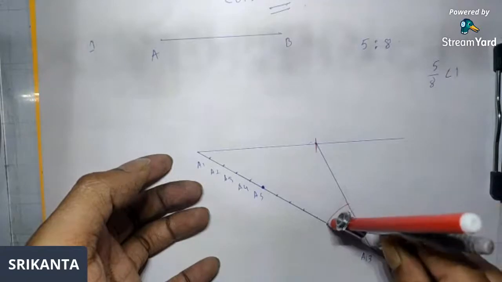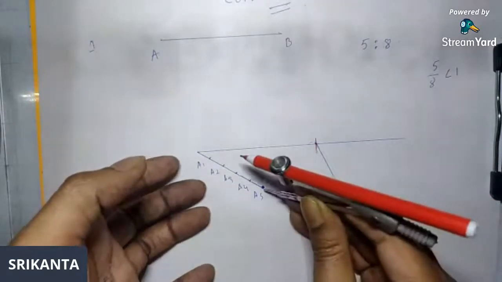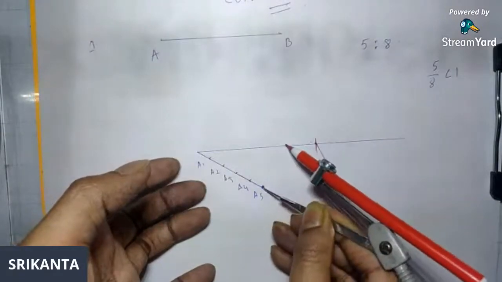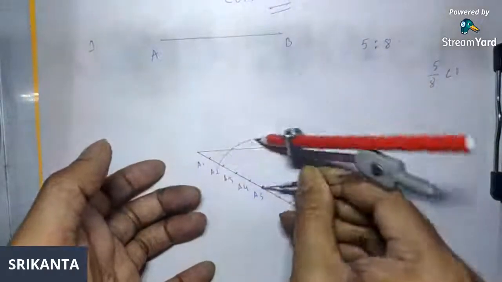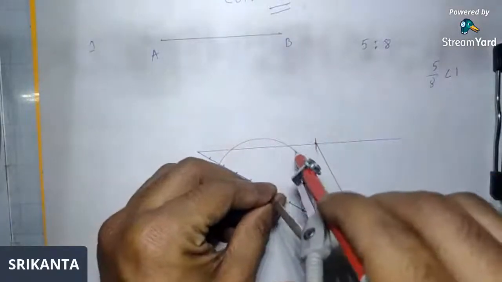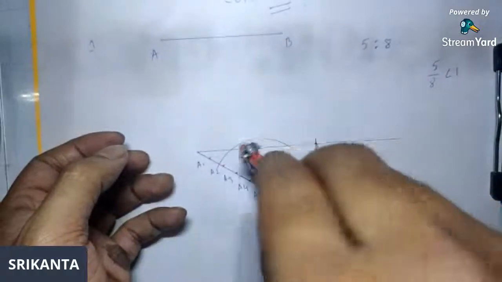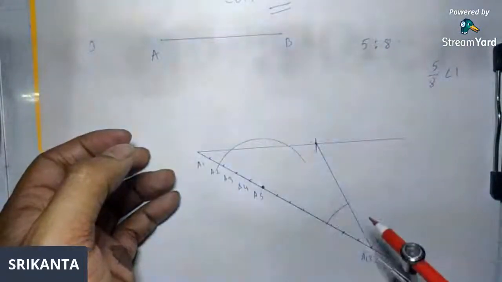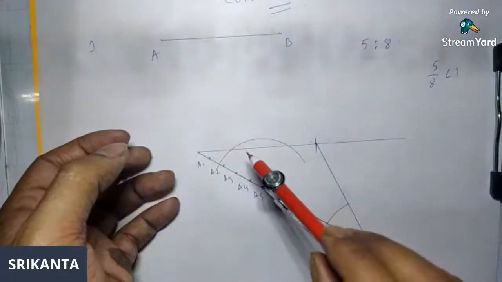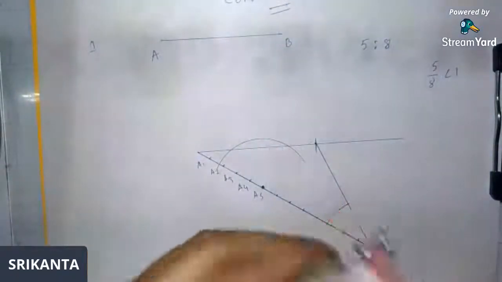Right? At A5, we are doing the similar thing. We have taken that arc length here. With respect to A5, we have just drawn the similar arc.